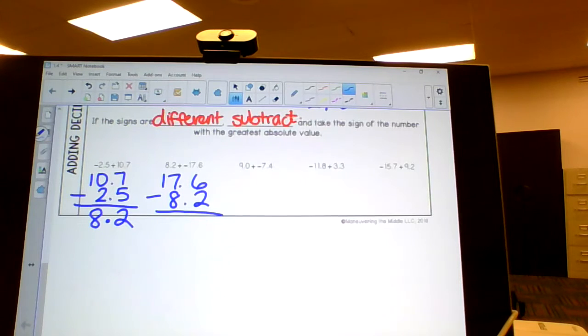So 6 minus 2 is 4. And then 17 minus 8 is 9. Now which number was bigger? The 17.6, and it was negative. So my answer is negative 9.4. Keep the sign of the larger number, then I'll be exact.